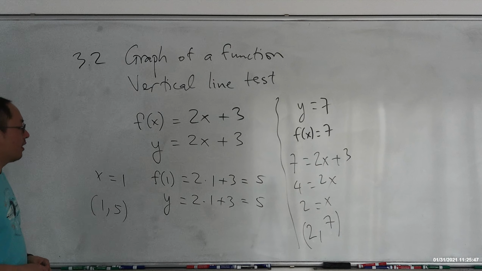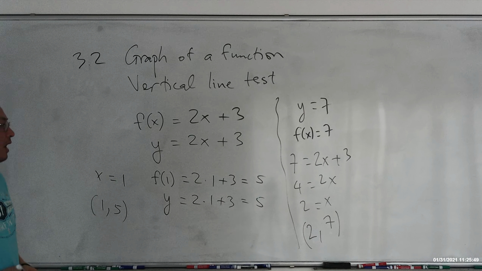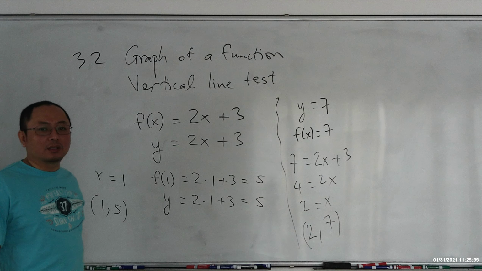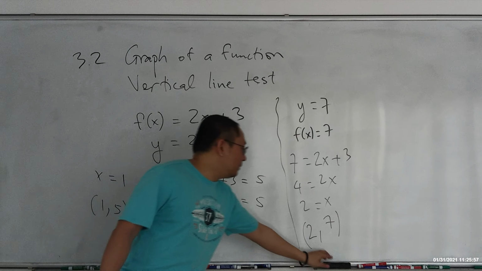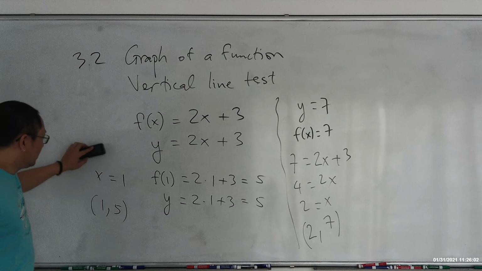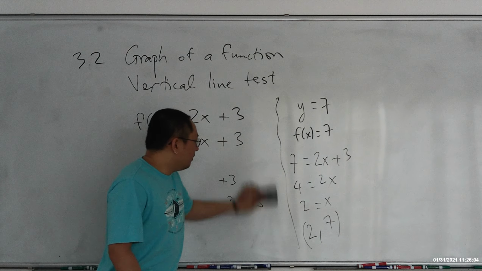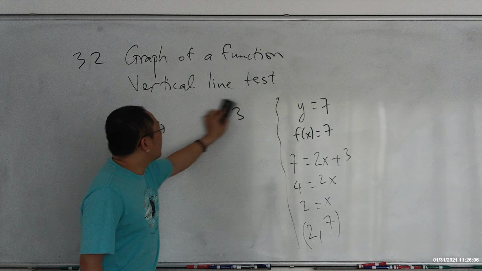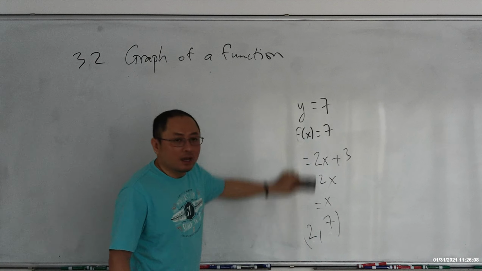Then you have a point on the graph. When you have a lot of points on the graph, you connect them together and you have a roughly sketched graph. And of course, we talked about the vertical line test already. So that is a brief review of what we have in 3.2. And let me move on to the really main big section for the day, section 3.3.